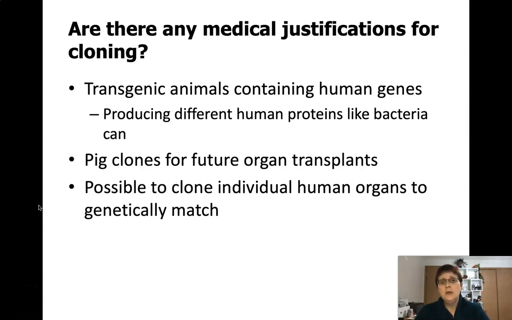Think about if we could take a sample of your own cells and grow you a new liver or a new heart. So that would be the cloning part, but instead of growing an entire human, just grow the organ that you need. That's where we're going as far as cloning with humans.